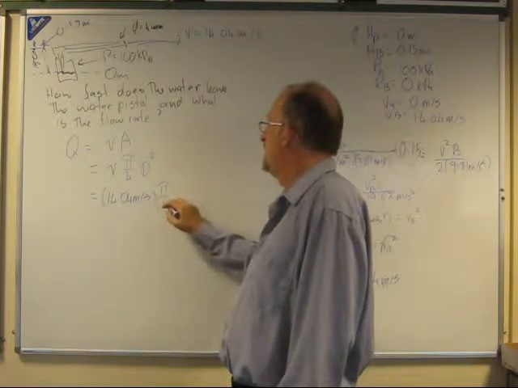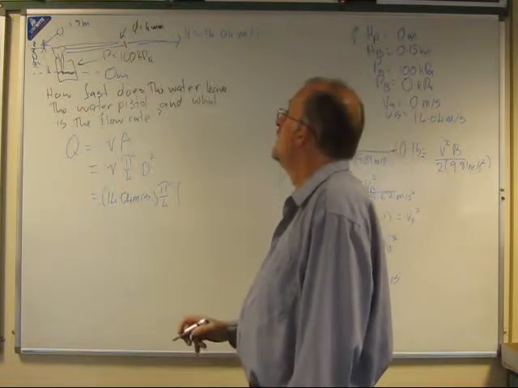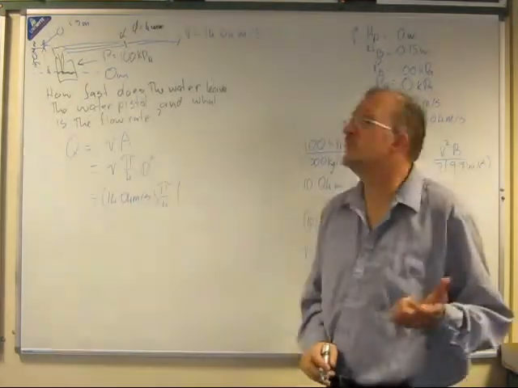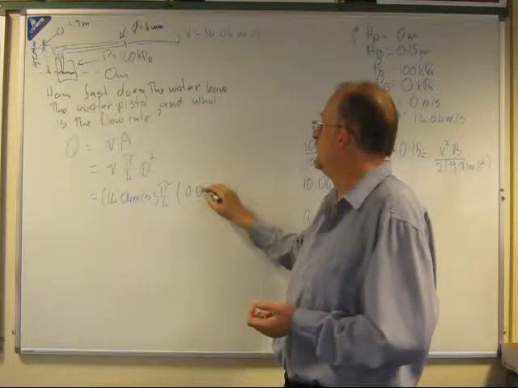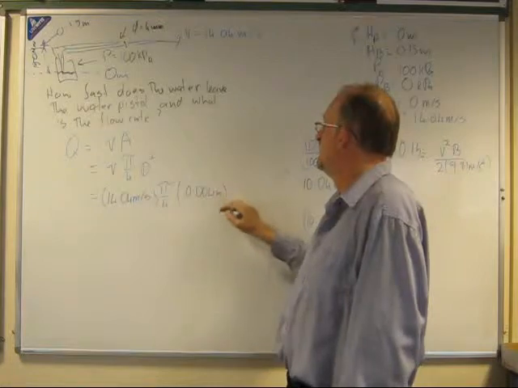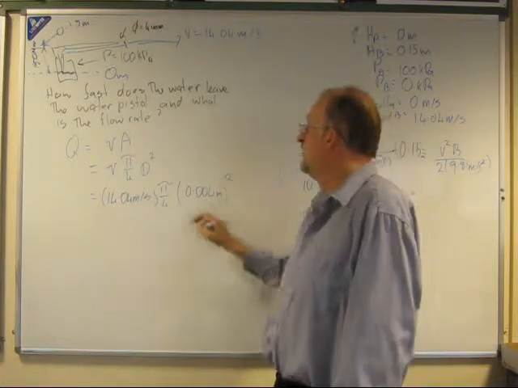times pi divided by 4, and the diameter of the nozzle was 4 millimeters, so 0.004 meters squared.